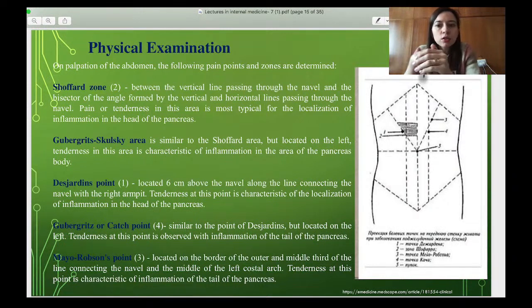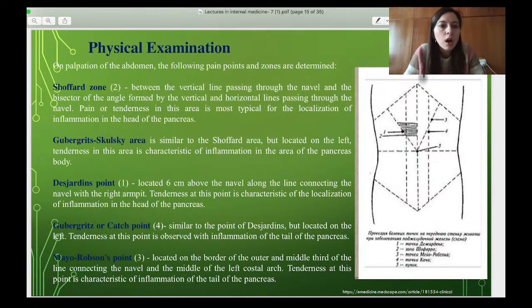Next point, Desjardins point, located on the picture 6 centimeters above the navel, along the line connecting the navel with the right armpit. And tenderness at this point is characteristic of localization of inflammation in the head of the pancreas.